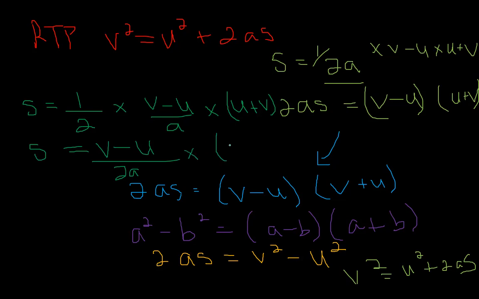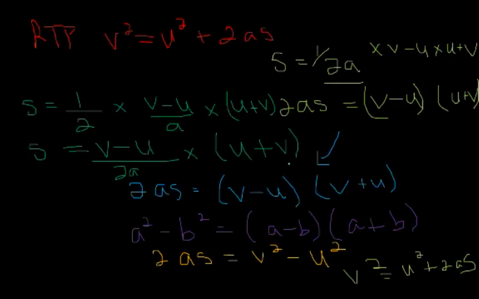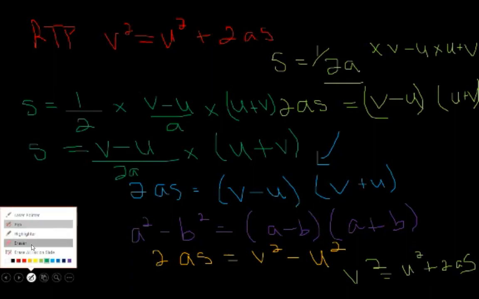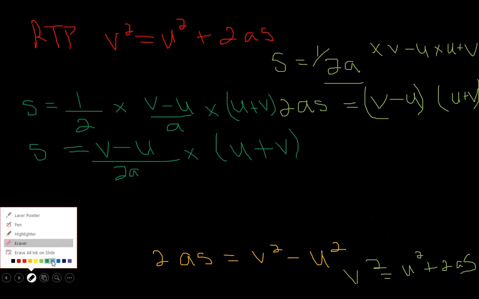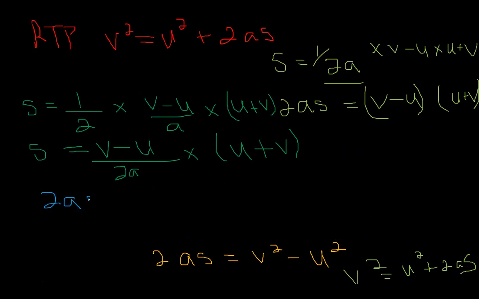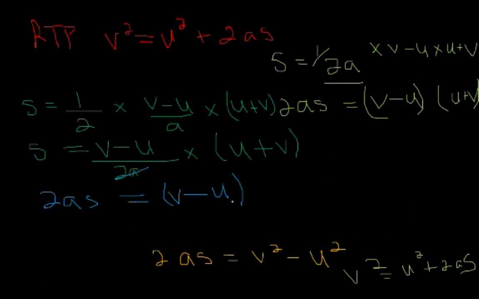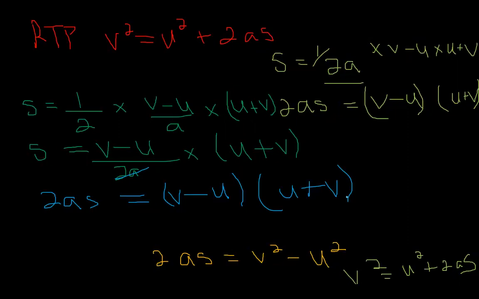And then we're still multiplying by our u plus v. If I multiply both sides by 2a now, I would end up with 2as. So that's me multiplying the two sides by 2a. So I'll get 2as. The 2a would cancel with this one, so I'll end up with v minus u multiplied by my u plus v. Do you get that now? Oh, you still don't understand. Okay.